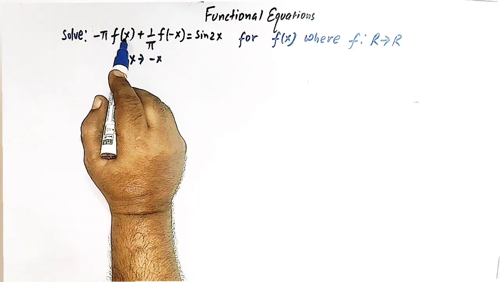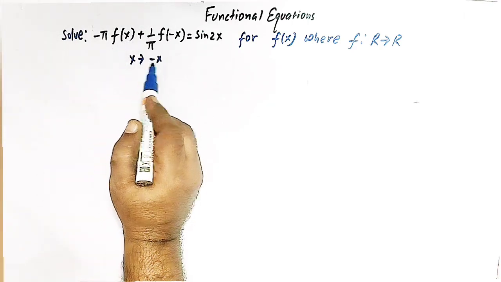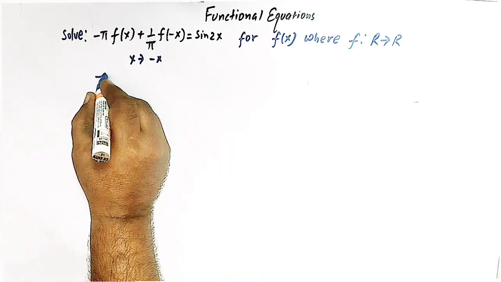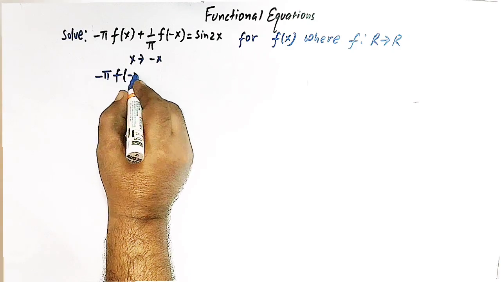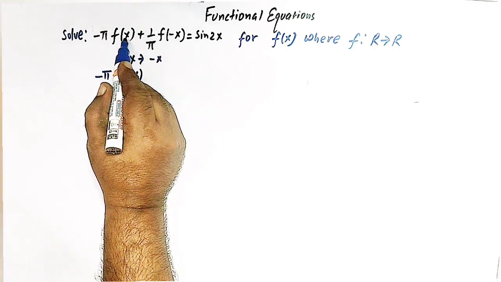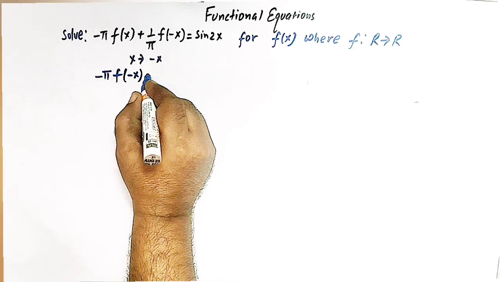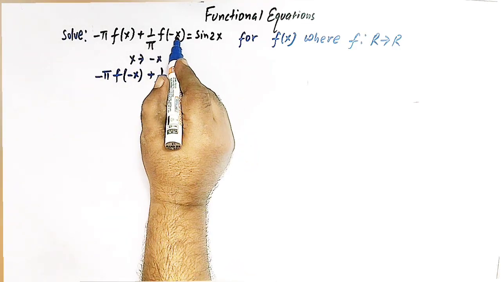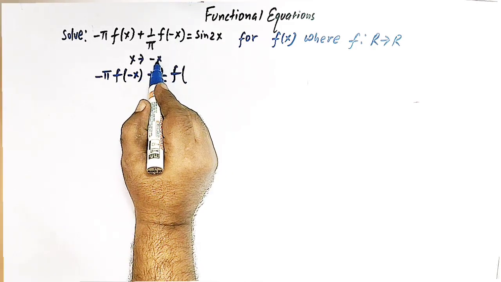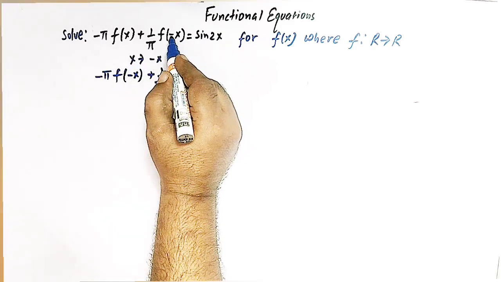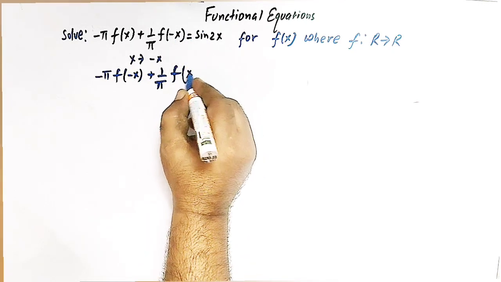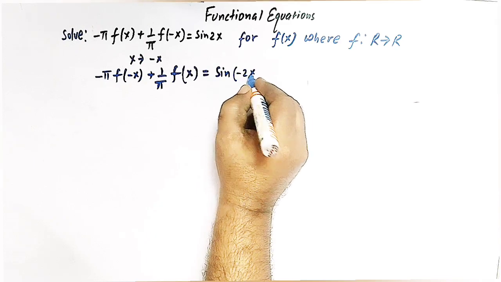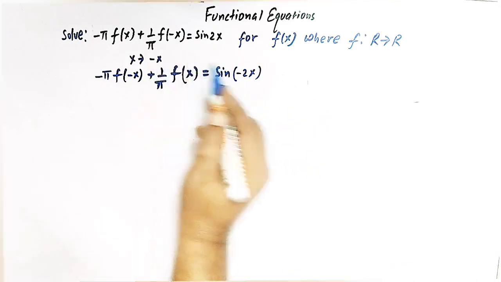Replacing x by negative x, we can form another functional equation, that is minus pi f of minus x plus 1 over pi f of x, and we have sine of minus 2x because we are replacing x by negative x.